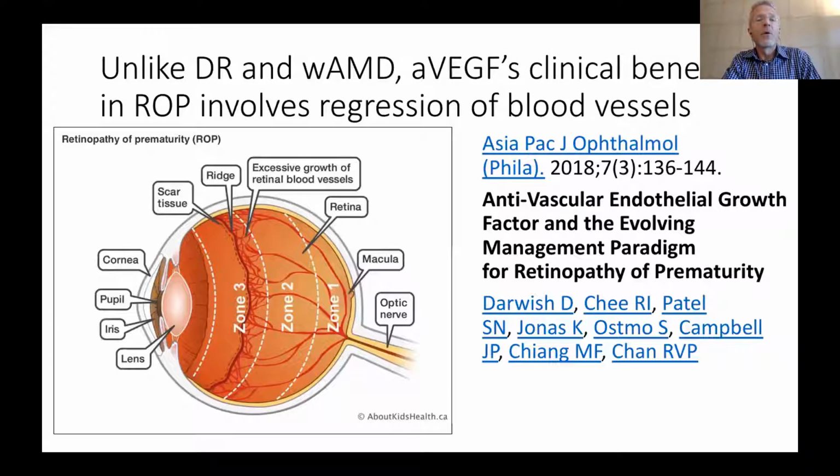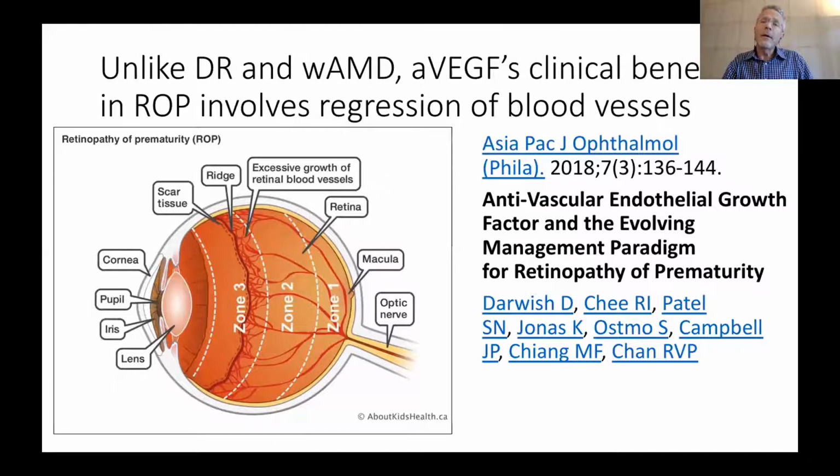And before we go further, just as a side note, I'd like to say that VEGF therapy is being used in certain diseases which are ischemic. For example, in ischemic heart disease, the problem is that there aren't enough blood vessels, so VEGF can be used to promote the formation of vessels.